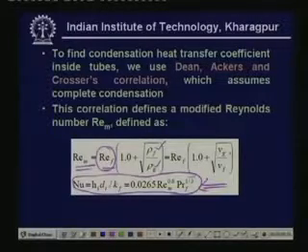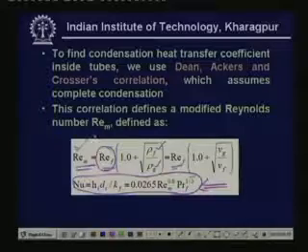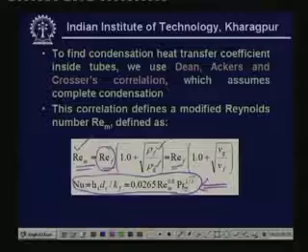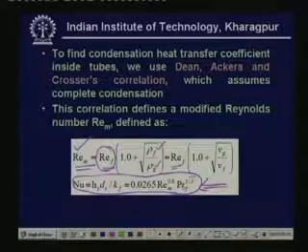Densities can be written in terms of specific volumes, and we know the specific volumes from the property data at 40 degree centigrade, and REF we have also found. So you can find the modified Reynolds number, and the Prandtl number is also known. Substituting all these values, we can find the Nusselt number.